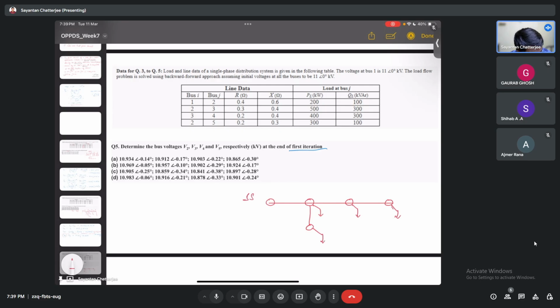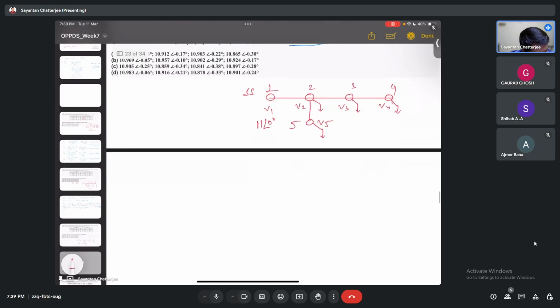This is the substation node 1, 2, 3, 4, 5. So we need to calculate V2. This is V1, V2, V3, V4, V5. V1 is already known, it's given as 11 angle 0 degrees, right? So what will be V2 based on the formula we have? Okay, let's start with V5. So what will be V5?